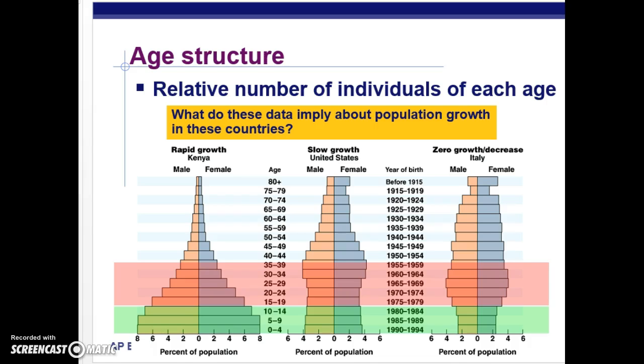Whereas in Italy, there is a much smaller number of young versus the middle-aged group, which shows you that it's a population that is on the decline, whereas Kenya is a population that is on the increase. So this can tell us a lot of information about the growth patterns and the potential growth patterns of a population.